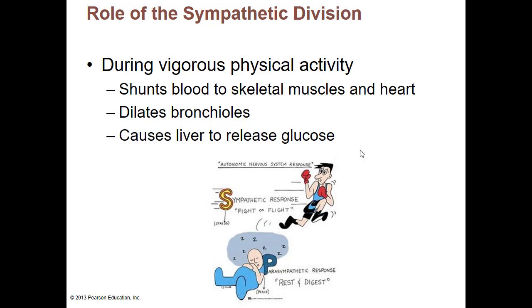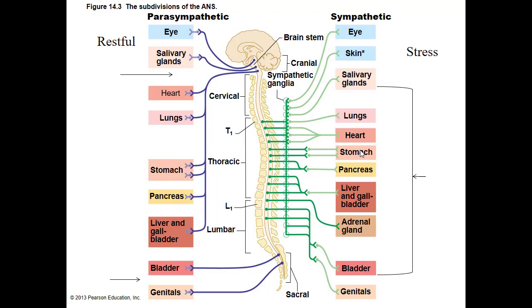In your lungs. What does dilate mean? Open. We want to make them even larger, because you need lots of oxygen. And we're going to cause your liver to release glucose, so everything in your body has the sugar available to do whatever it is you want it to do.